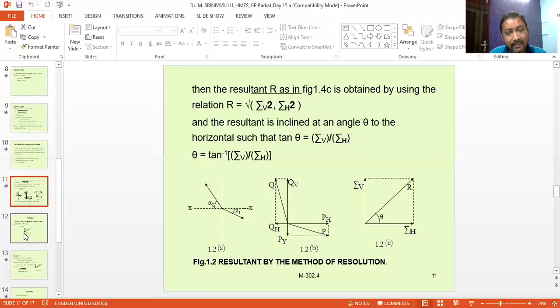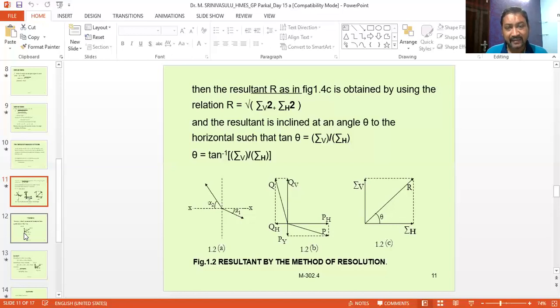However, for tan theta, it will not be whether it is positive or negative. Depending on the value of theta, the quadrant can be decided, depending on whether x and y are positive or negative. If both x and y are positive, it will lie in the first quadrant.